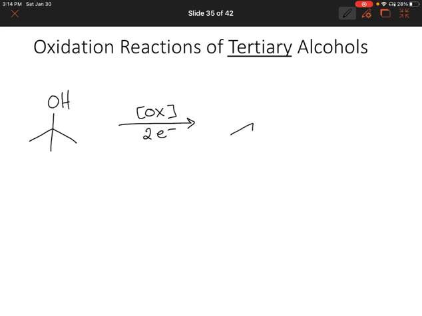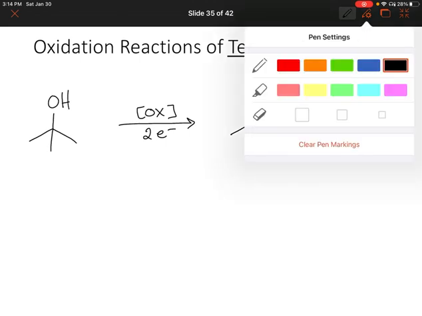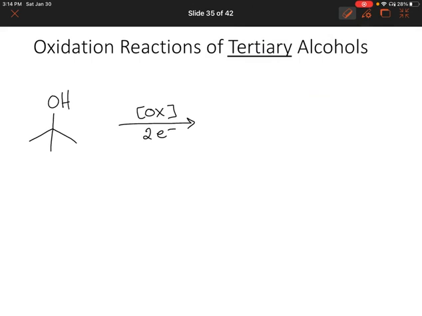So you might be tempted to turn that alcohol into a carbonyl group, but what do you notice about this carbon in the middle? It has too many bonds to it, so we actually don't see any reaction for tertiary alcohols.